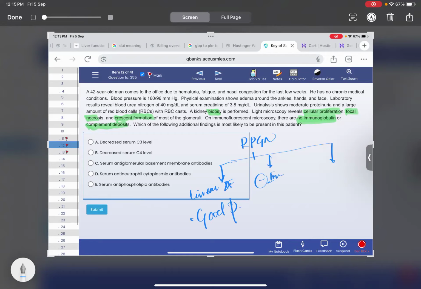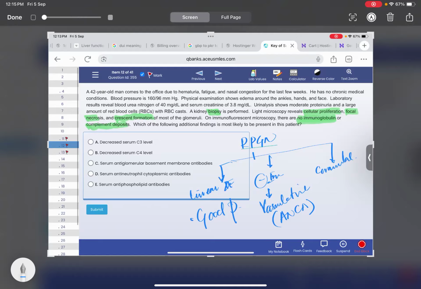What is the cause of vasculitis? Okay, so we have ANCA, anti-neutrophilic cytoplasmic antibodies. And what's the third one? Granular, okay?